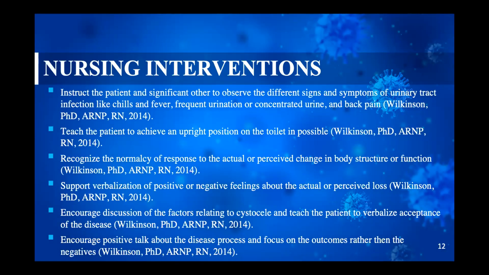Also teach the patient to achieve an upright position on the toilet if possible, so it's easier to void. For the body image interventions, I chose recognizing the normalcy of response to the actual or perceived change in body structure or function, and supporting verbalization of positive or negative feelings about the actual or perceived loss.